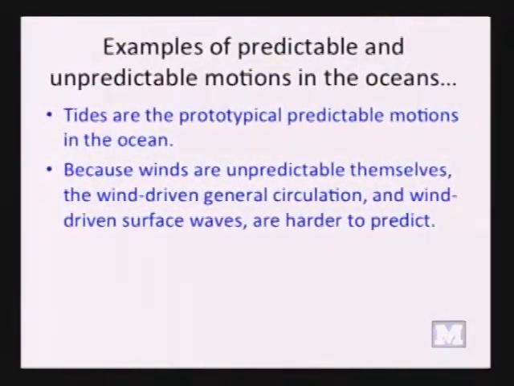But the ocean's driven by a lot of things. The gravity of the moon and sun gives you the tides. To be precise, it's the differential gravity across the finite size of the Earth. I could explain that later if anyone's interested. But the atmosphere also drives the ocean, and the winds themselves are unpredictable. If you've got these unpredictable winds, i.e. weather, driving the ocean, that means that the wind-driven circulation of the ocean, especially those little unstable eddies that develop off the currents, are a lot harder to predict.